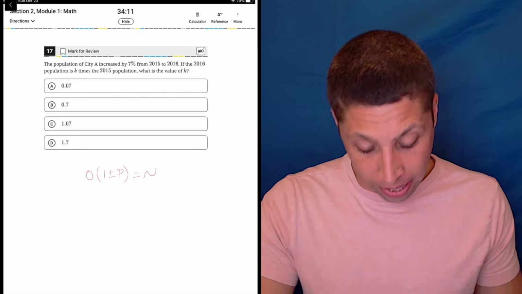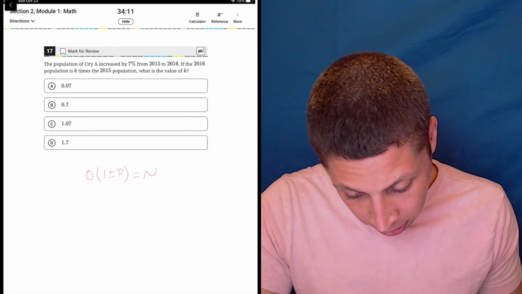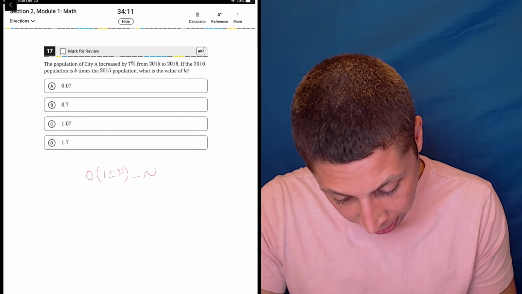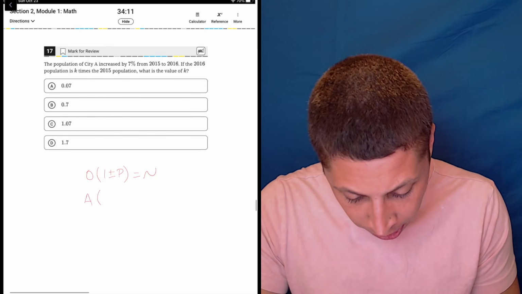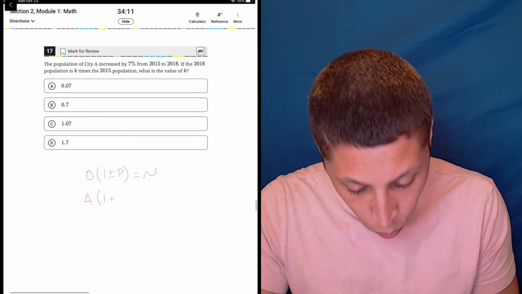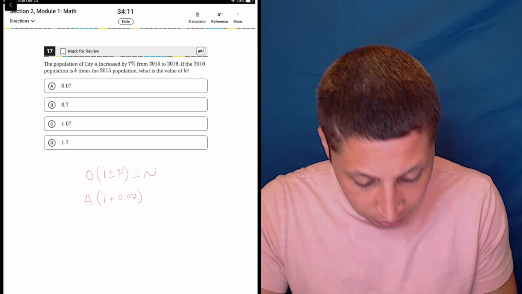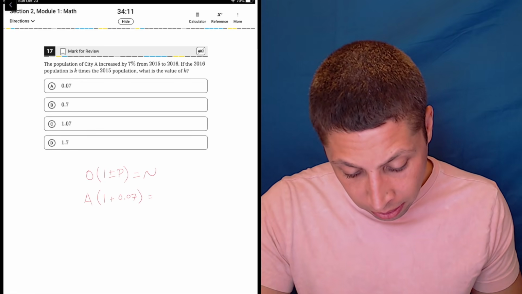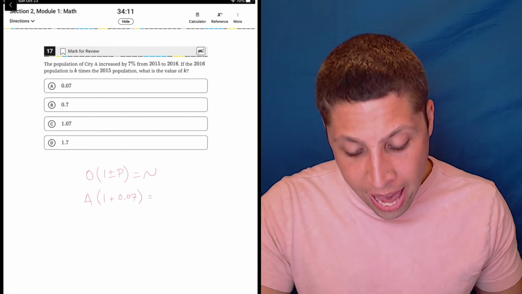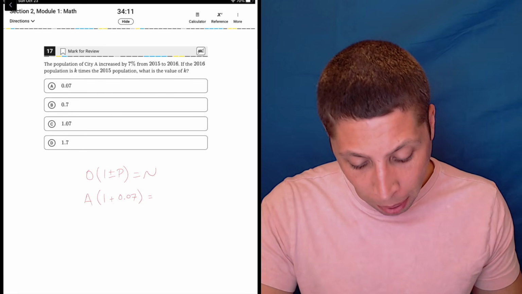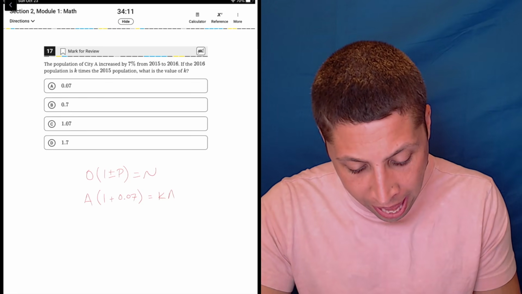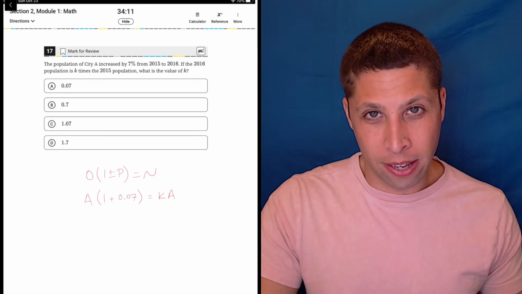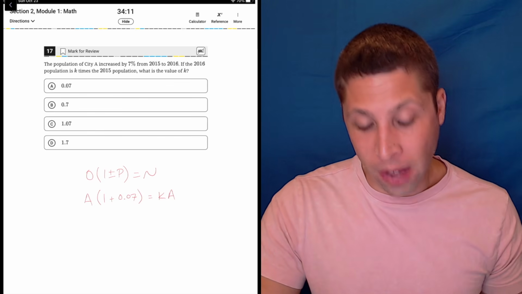So the original population of A, I'm just going to put A in there for now. The increase is 7%, so that's 1 plus 0.07. And the new value is 2016, so that's K times the 2015 population, so that's KA. Right? The original amount times some value K.